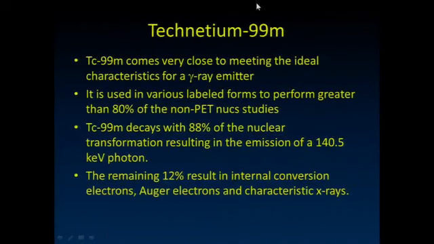Technetium-99m as a radionuclide comes really close to some of the properties that we talked about. And that's why you see it used in various labeled forms to perform greater than 80% of the non-PET nuclear studies. It decays with 88% of its nuclear transformation resulting in the emission of a 140 keV, about 140.5, 141 keV photon, which is great, right?